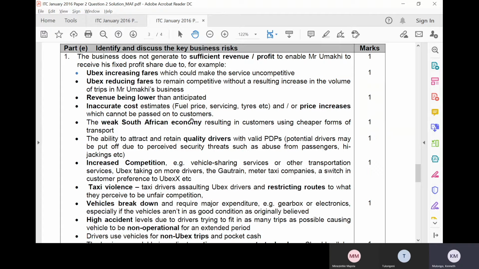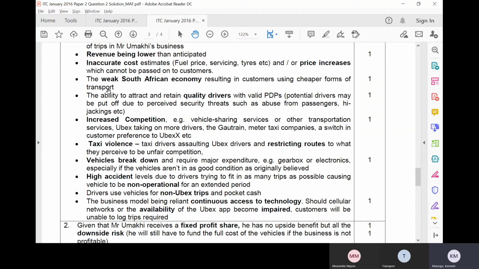Now, this is like a standard costing question, and if they had asked us for calculations, we would have thought about fuel price increasing, or using more fuel. But look, we've used standard costing as our base and converted it into risks. Instead of doing a calculation saying fuel usage has increased over the year, we're reversing it and saying there's a risk that fuel consumption or fuel prices have increased.